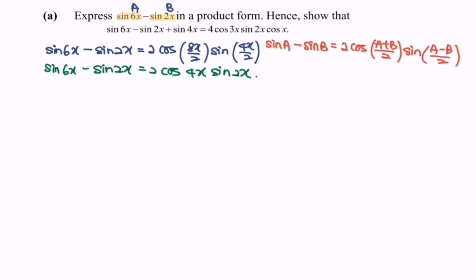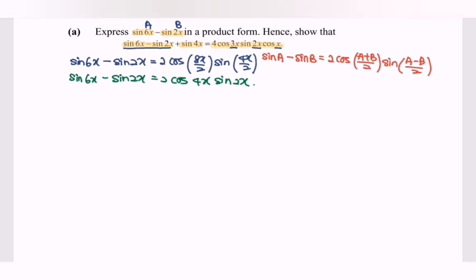Second part, hence, show that sine 6x minus sine 2x plus sine 4x is equals to 4 cos 3x multiply with sine 2x and cos x. Next, let's begin with the left hand side.